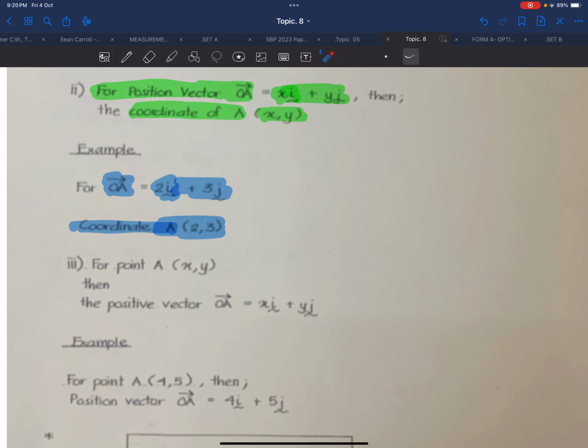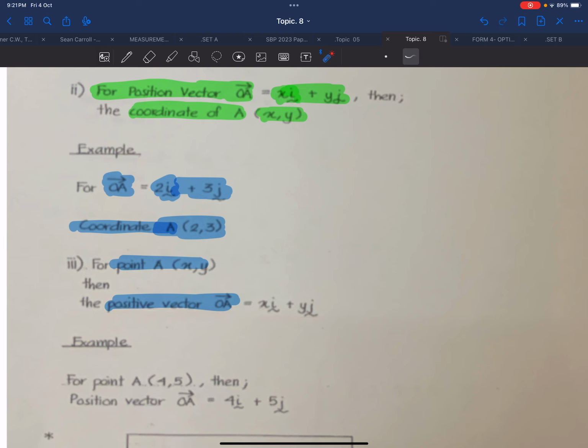From the position vector we can get the coordinate. So this is the example I did. The reverse: from the coordinate I can get the position vector. If the point A is (x, y), the position vector OA is xi plus yj.